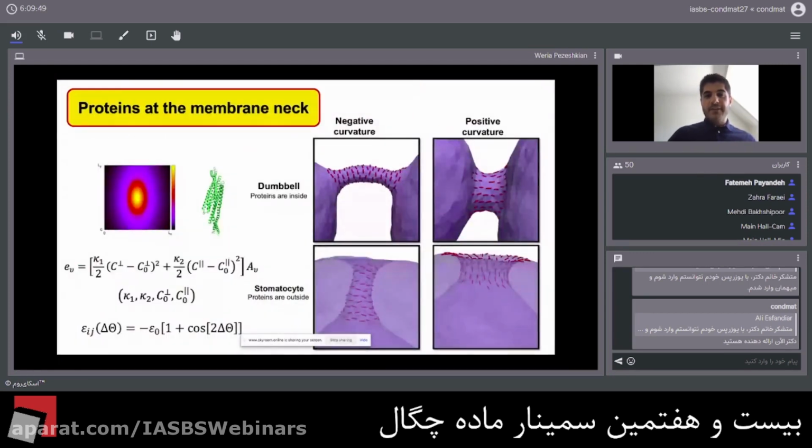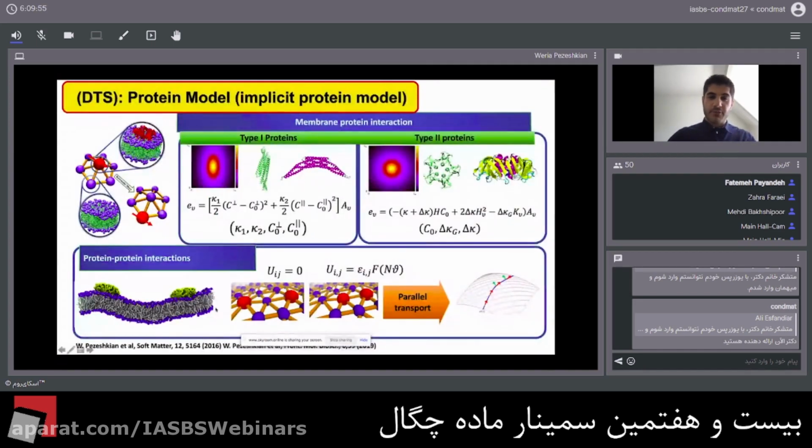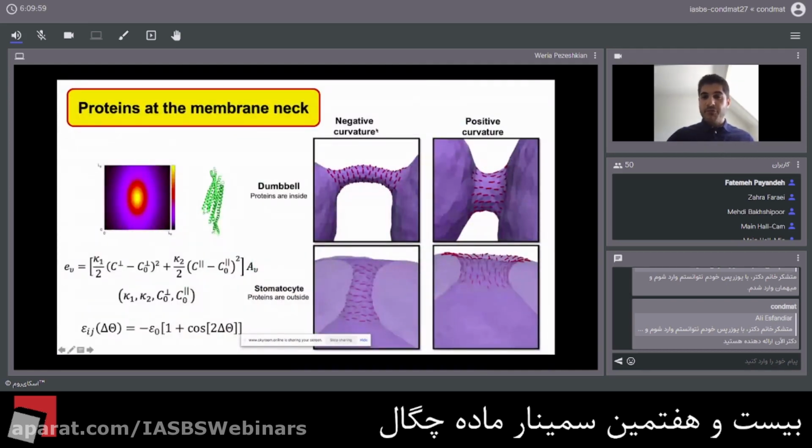And what we see is that if we use the first model, for elongated protein, we get 4 situations depending on whether the proteins, from inside, induce positive curvature or negative curvature. We get these 4 profiles, which actually mimic the experimental situation quite well.